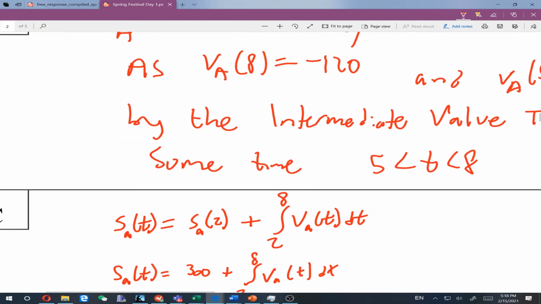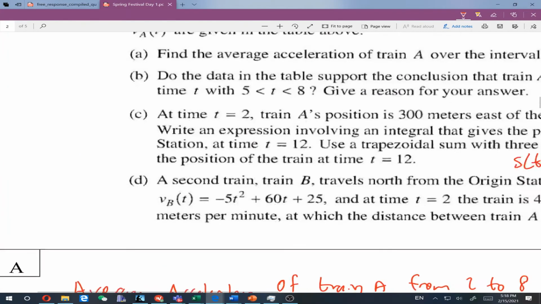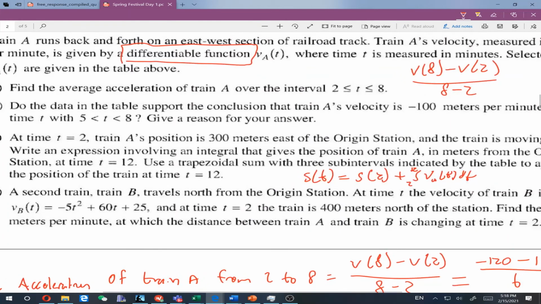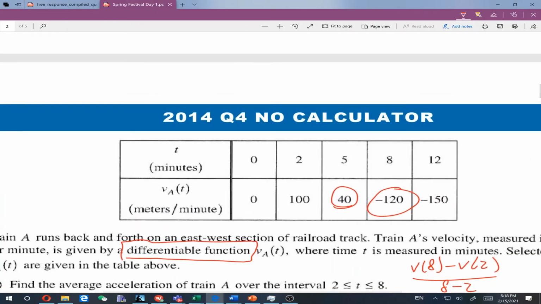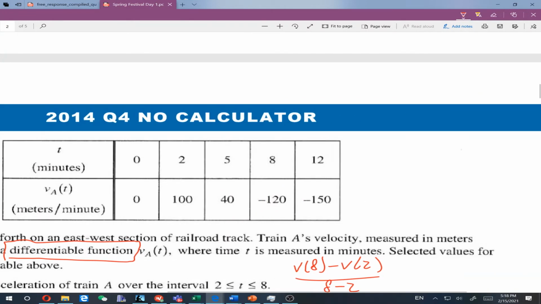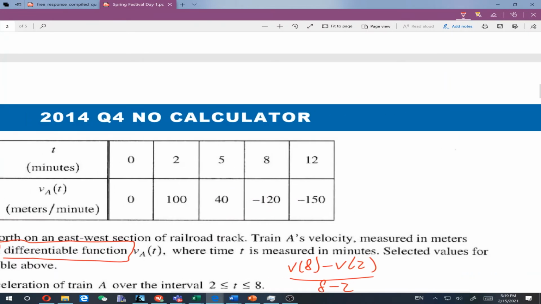Alright, so they told us to estimate this integral somehow. We're going to estimate this integral using a trapezoidal Riemann sum with 3 subintervals indicated by the table from 2 to 12. So I'm going to bring us over to Sarah. I want a trapezoidal Riemann sum with the 3 subintervals from 2 to 12. How could I set up our equation for the area of the first trapezoid?